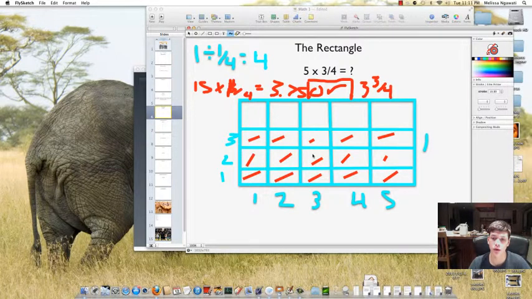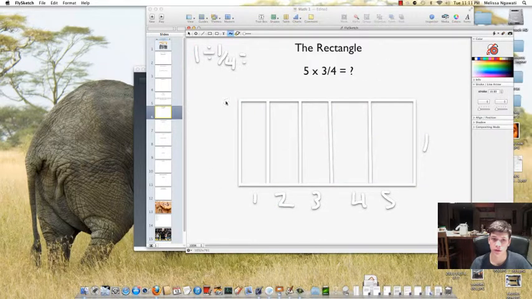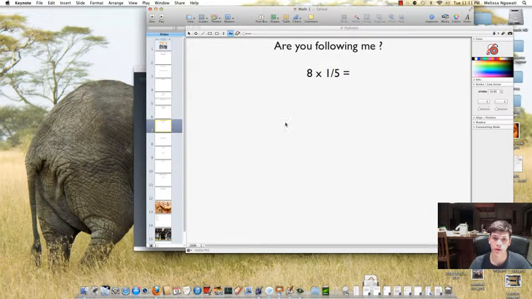So 3 wholes with 3/4 left over. Let's see if you're following me. So we'll have 8 wholes times 1/5.